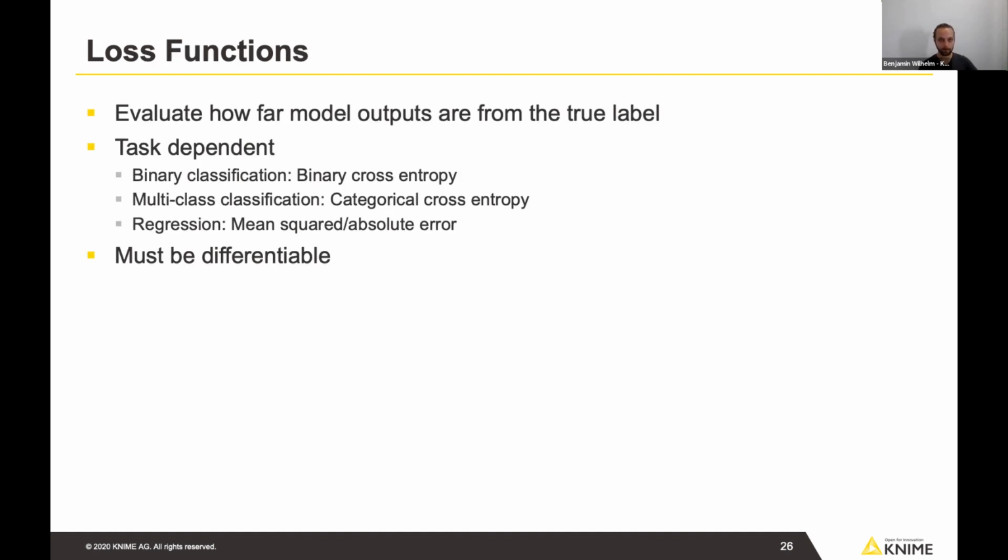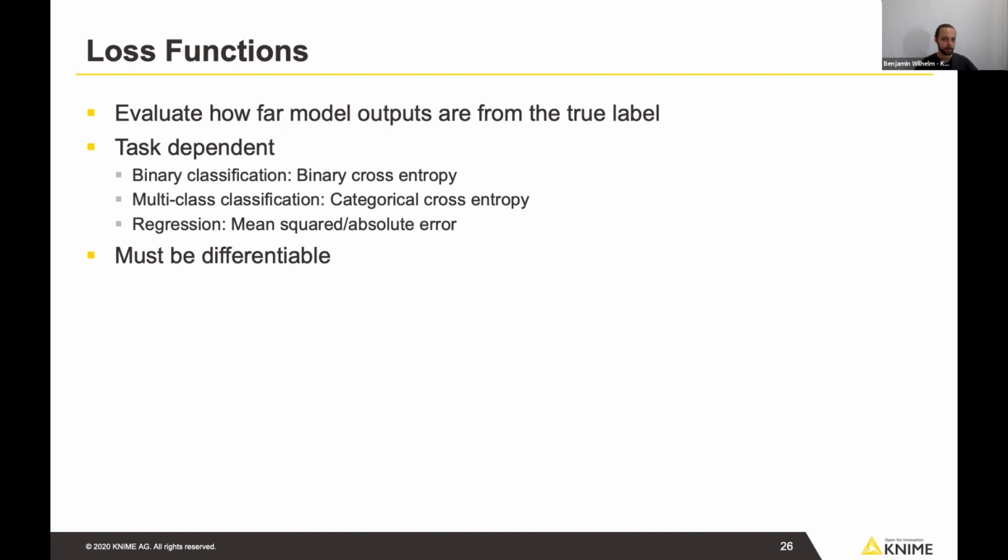The loss function not only tells us if the value is correct, but it tells us how far away the model output is from the true label. Loss functions to use are, for binary classification, the binary cross entropy; for multi-class classification, the categorical cross entropy; for regression, the mean squared error or the mean absolute error.